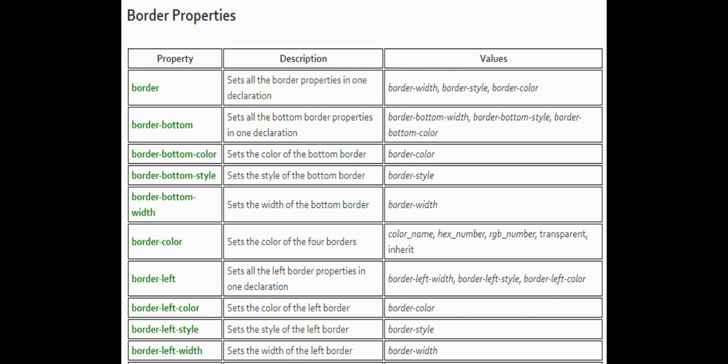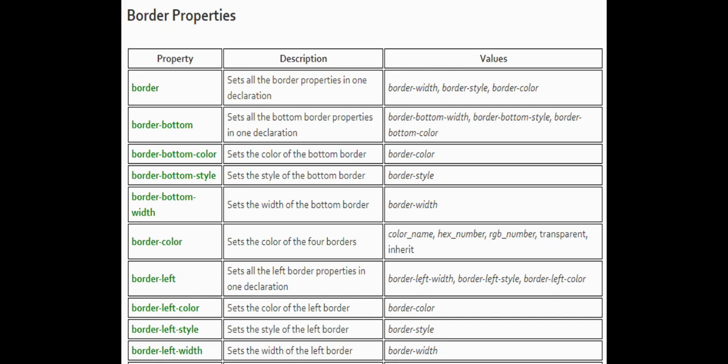Next, border bottom color sets the color of the bottom border, with a value like border color. Border bottom style sets the style of the bottom border, that is border style. Border bottom width sets the width of the bottom border, with a value like border width.